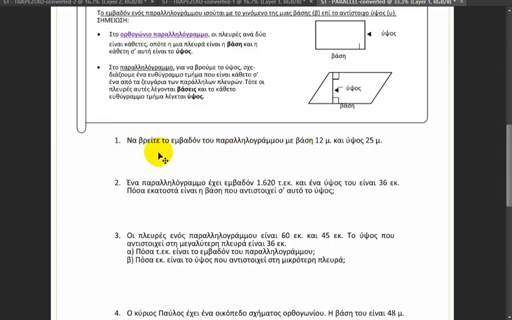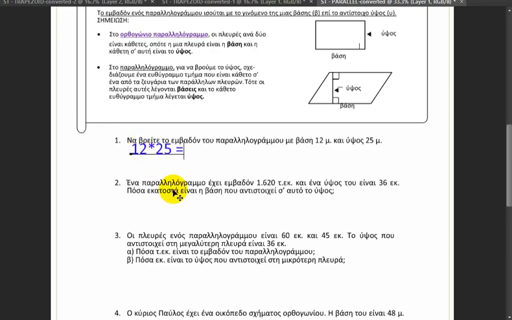In the first problem, we are being told to find the area of a parallelogram with a base of 12 and a height of 25. So we just need to multiply those two numbers. So we need to do 12 times 25.